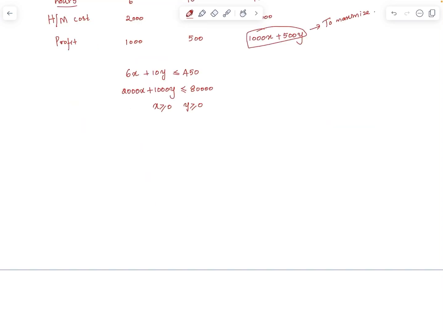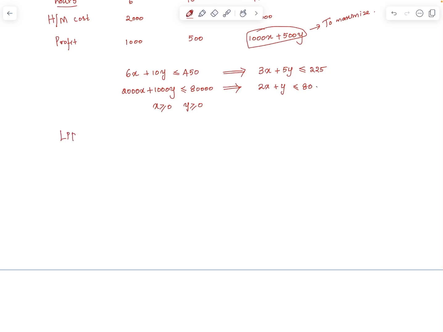There is scope for reducing the inequalities. The first inequality, after we reduce, becomes 3x plus 5y less than or equal to 225. In the same way, after reducing the second inequality, we get 2x plus y less than or equal to 80.